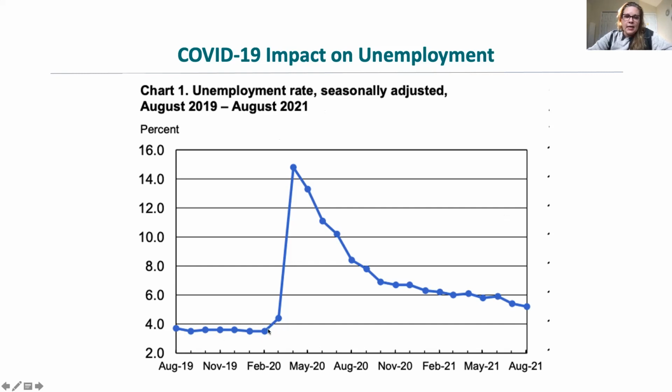And then in the beginning of 2020, when we first started experiencing large shutdowns, unemployment shot up to almost 15%. And while it has taken us a long time to get back, we are on a recovery trajectory. Right now, unemployment is hovering at about 5.4%.